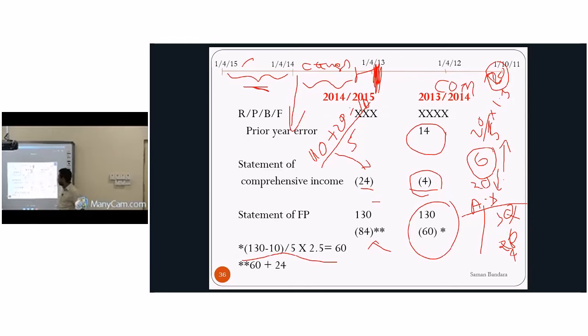Hope you can understand how to make necessary adjustments for errors. Actually, I don't want to discuss change in accounting estimates because we have already done it with case number 16.